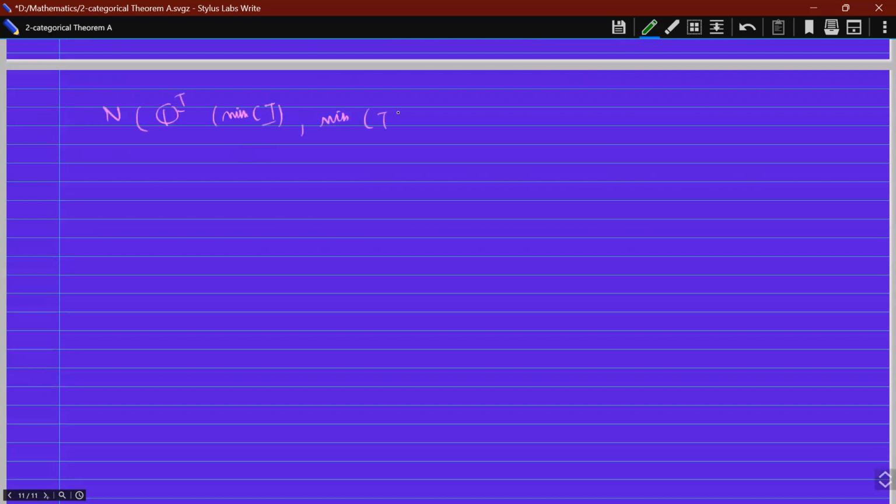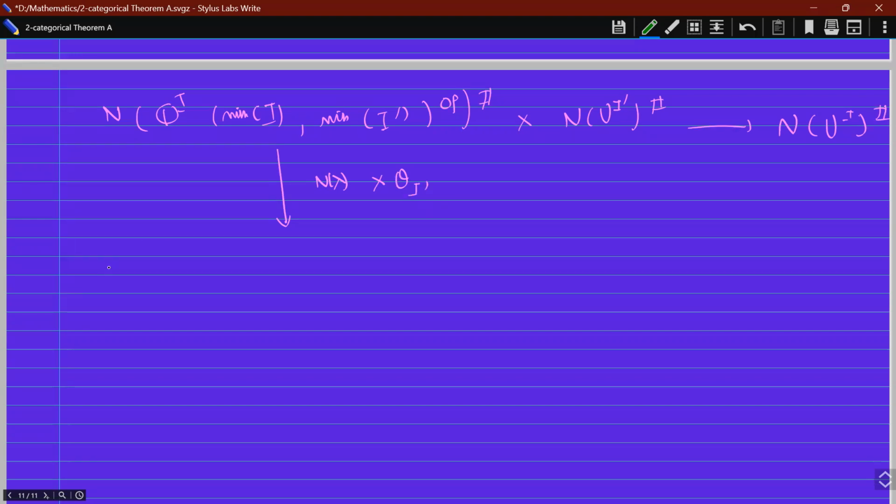I and I dash. If I get the first one right, then it seems to be good. So you apply the map lambda times the theta that I defined for the I dash. Then you get this. Let me write it down. So far, so good.